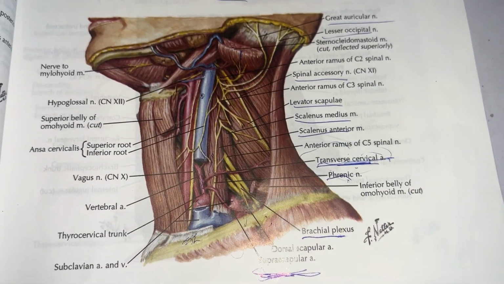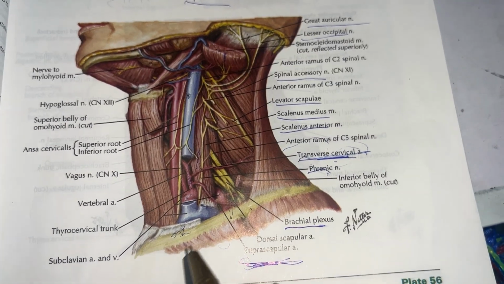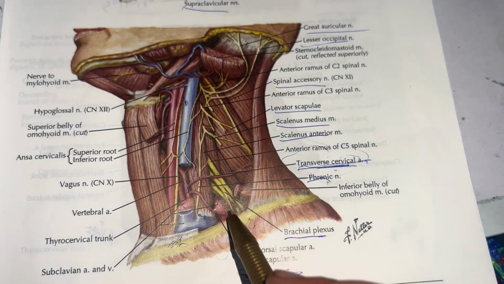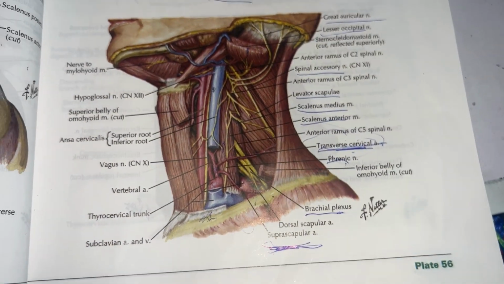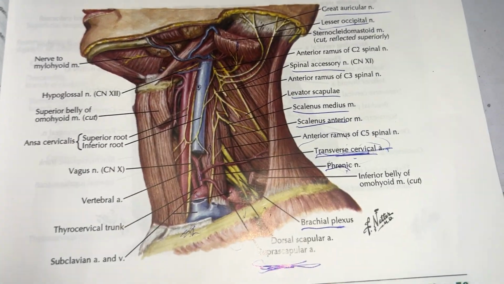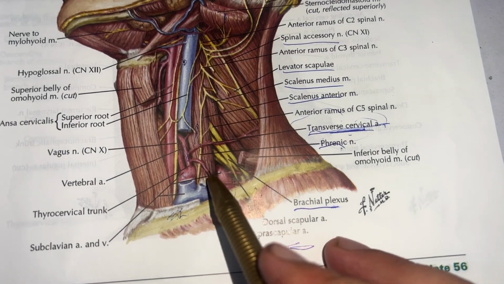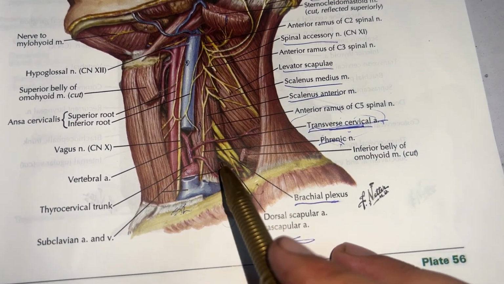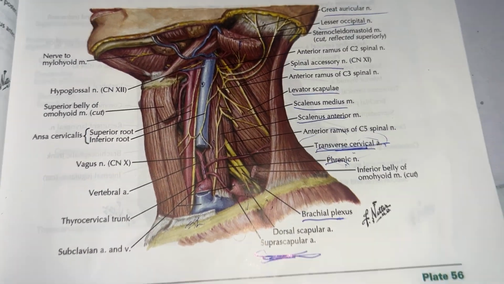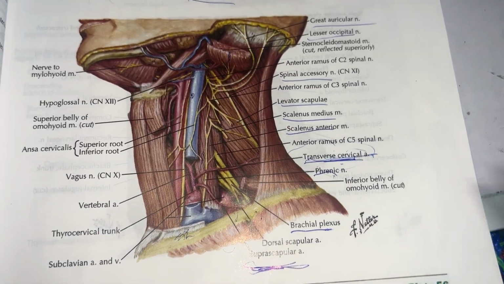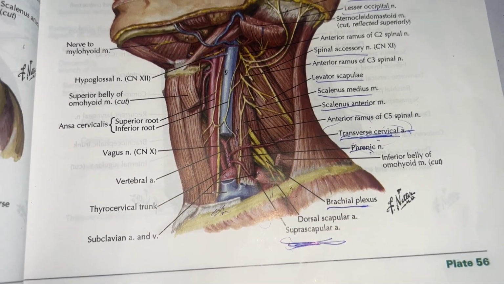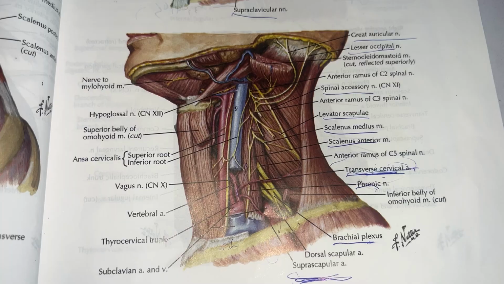Behind the scalenus anterior is the second part of the subclavian artery, while distal to the scalenus anterior is the third part of the subclavian artery. So the third part of the subclavian artery is located in the posterior triangle of the neck.